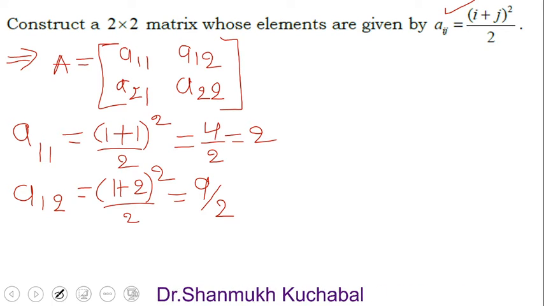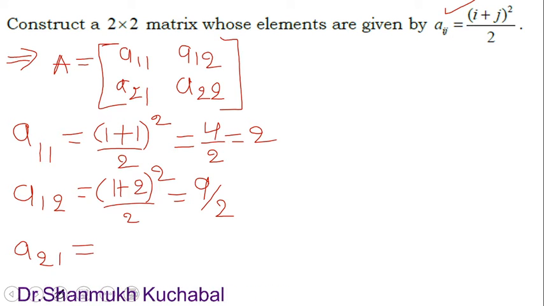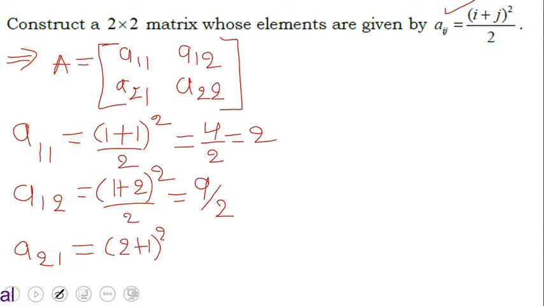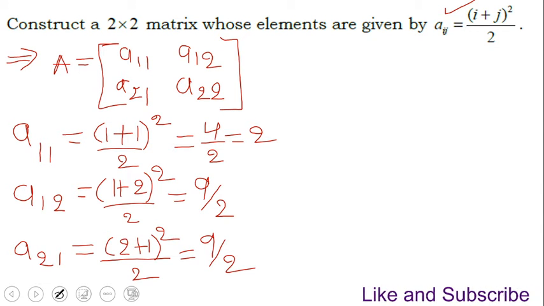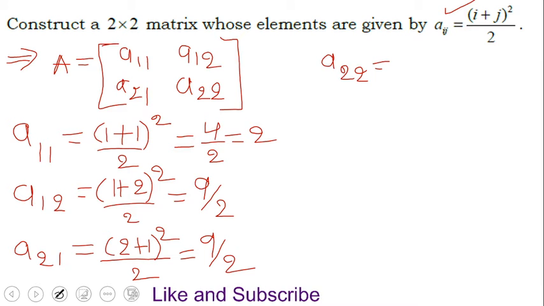Next I calculate the third element, a21. Here i is 2 and j is 1. So I get (2 plus 1) square divided by 2. 2 plus 1 is 3, 3 square is 9, divided by 2. Further we have the last element, a22. Here i is 2, j is 2.